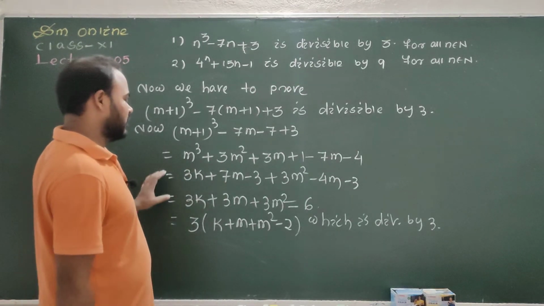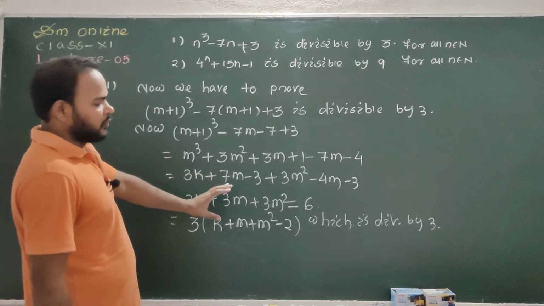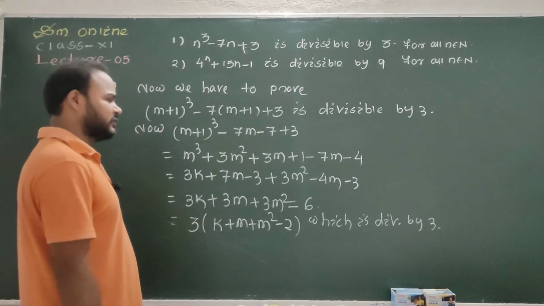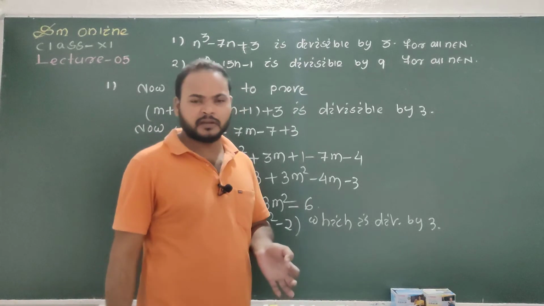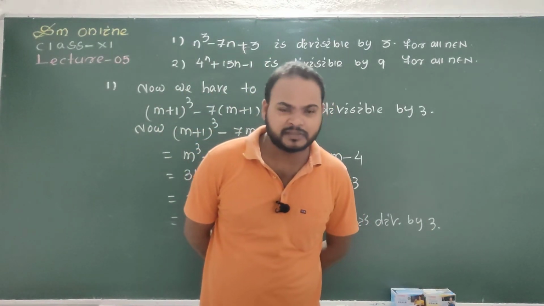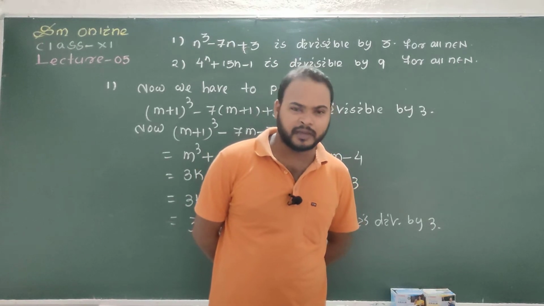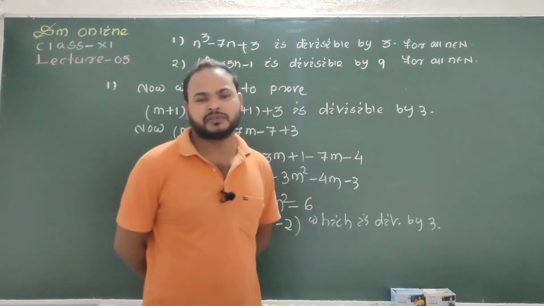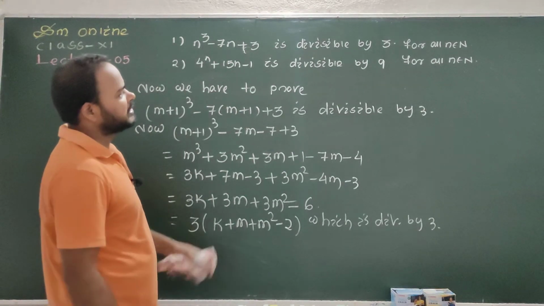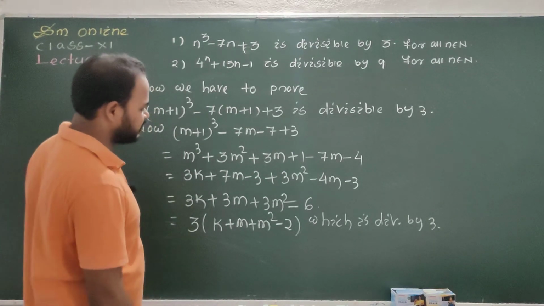So we have proved that it is true for n equal to m plus 1. For the conclusion we write: it is true for n equal to m plus 1, for which it is true for n equal to m. Hence the statement is true, that is, n cubed minus 7n plus 3 is divisible by 3 for all n belonging to N.